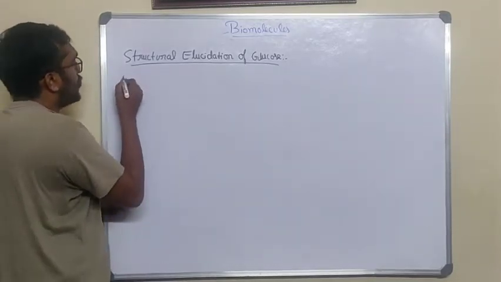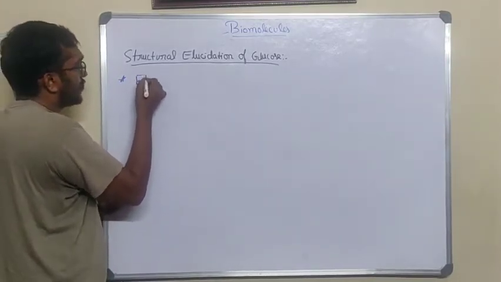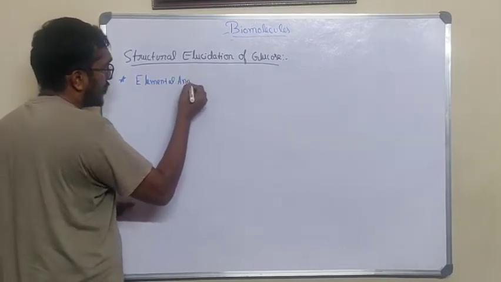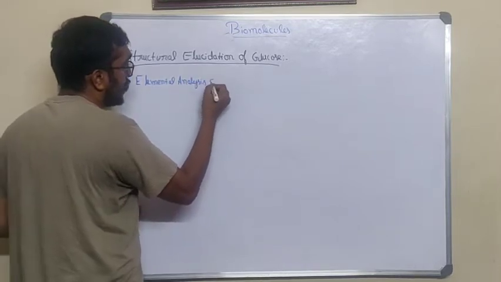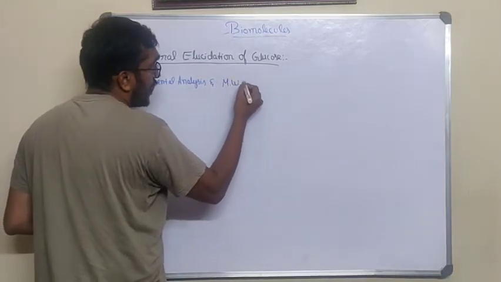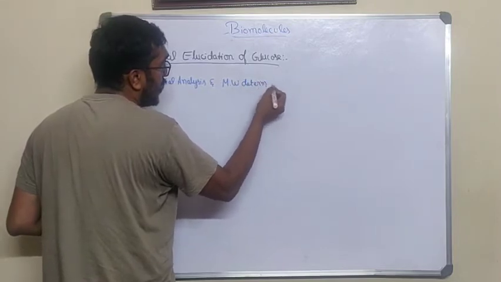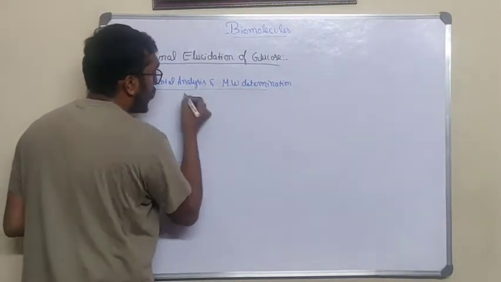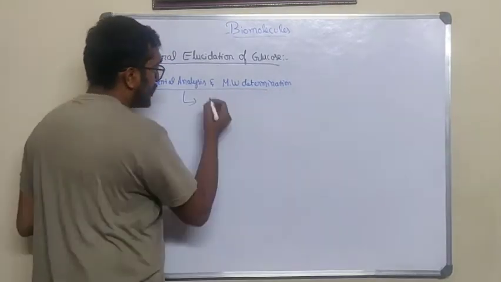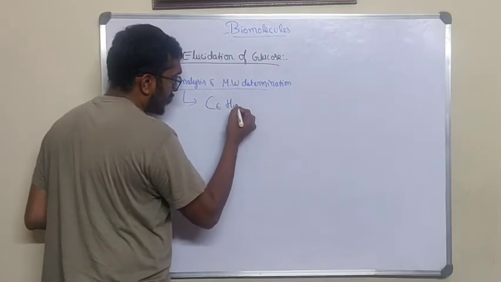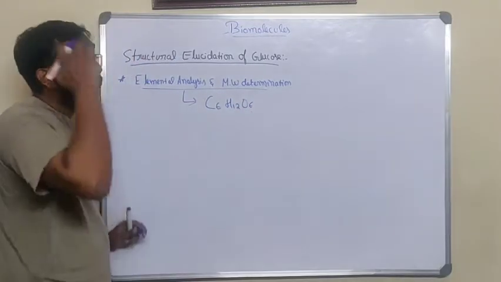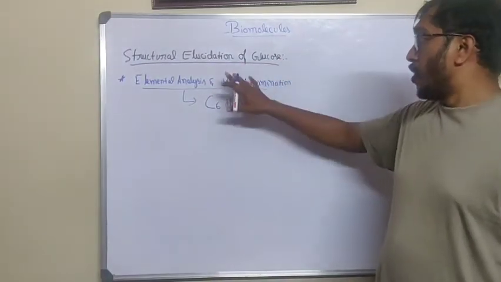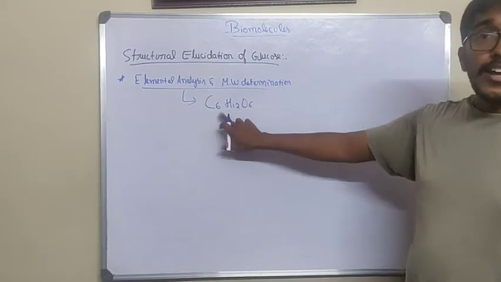From the elemental analysis and also from the molecular weight determination, they have got the molecular formula of glucose, that is C6H12O6.